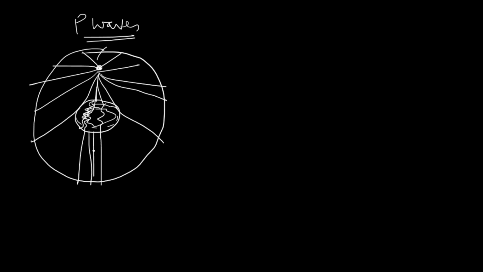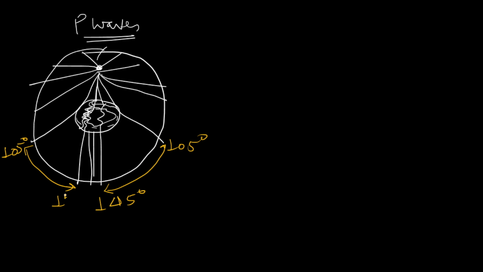So there is a refraction here. What you find is that in this zone, from here to here and from here to here, the seismograph is not able to receive P waves. So this is known as the shadow zone of P waves. It is from 105 degrees to 145 degrees around. Sometimes they will also mention 102 to 142 degrees, that is also correct.